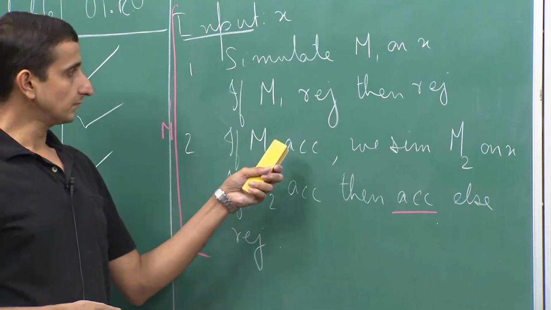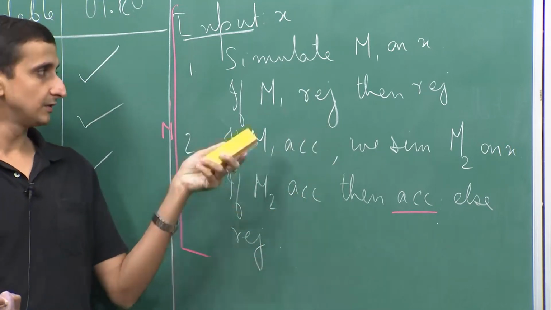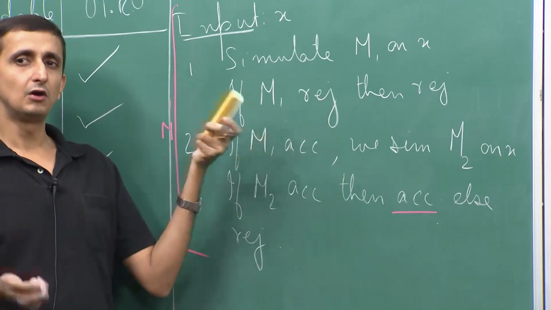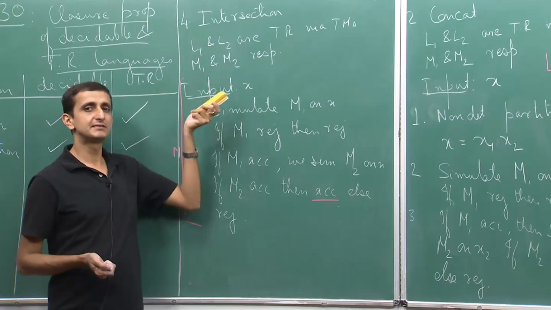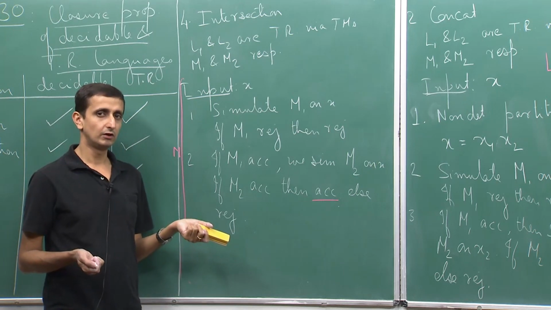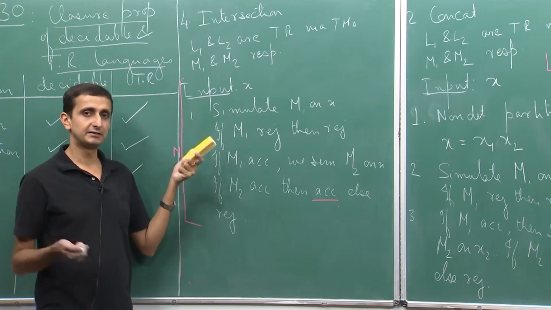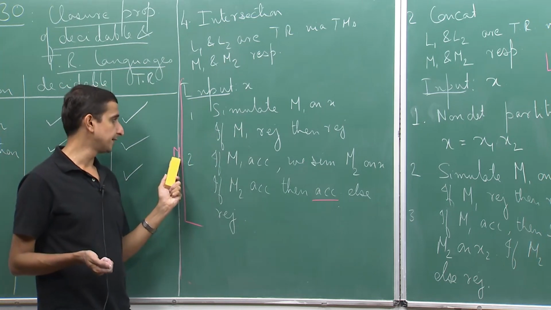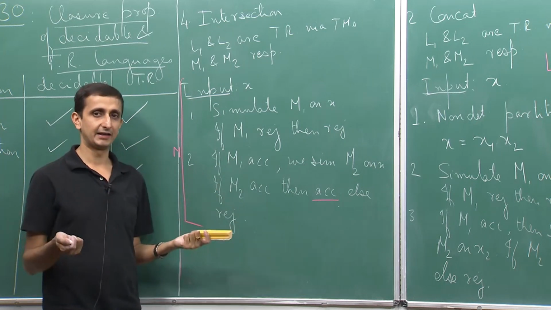And suppose M1 goes into an infinite loop. If M1 goes into an infinite loop, what it means is that x does not belong to L1, which means that it should not belong to the intersection of L1 and L2. Hence, we do not care, it just means that the machine M also does not accept x, it goes into an infinite loop on x.